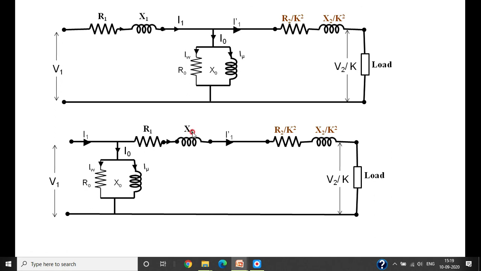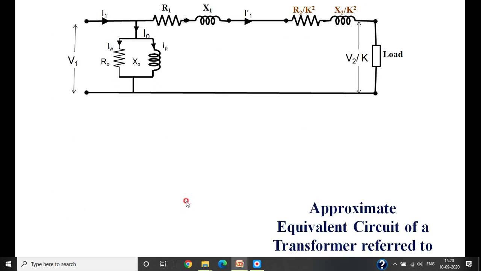Now the circuit is very simple and easy to reduce. Means you can add resistances and add reactances, and you get one single resistance and one reactance. That is what you call the equivalent resistance of the transformer referred to the primary side and the equivalent reactance referred to the primary side.